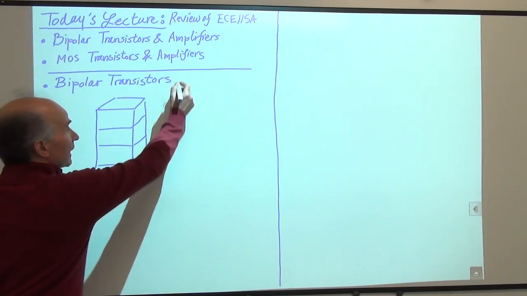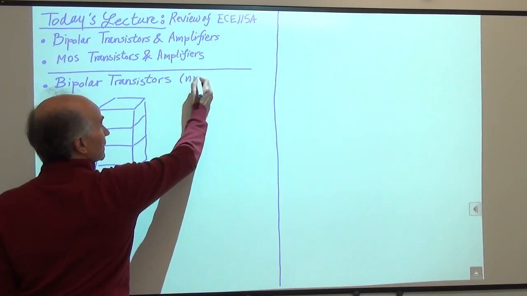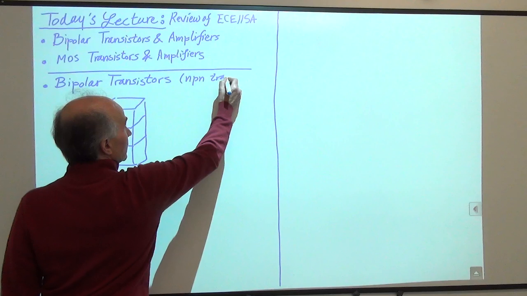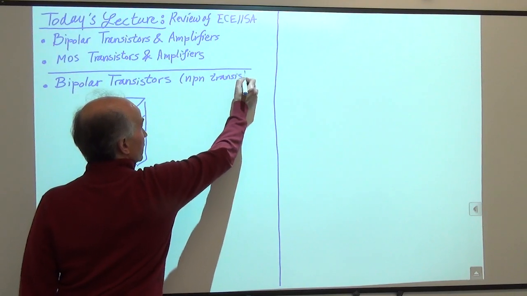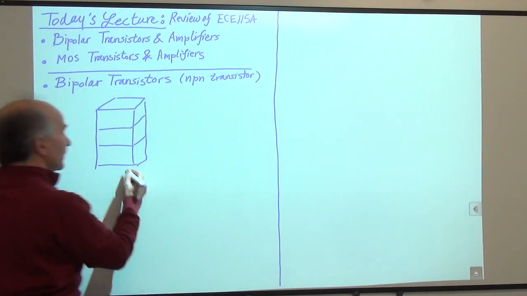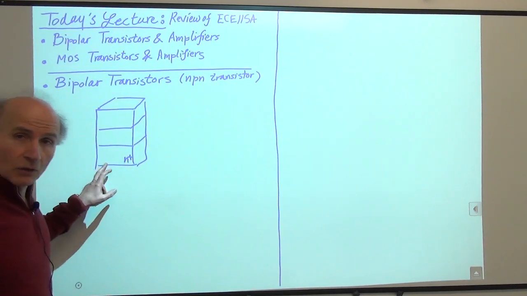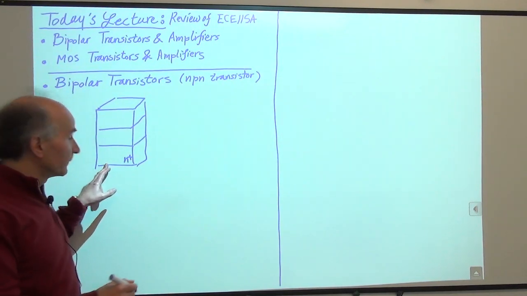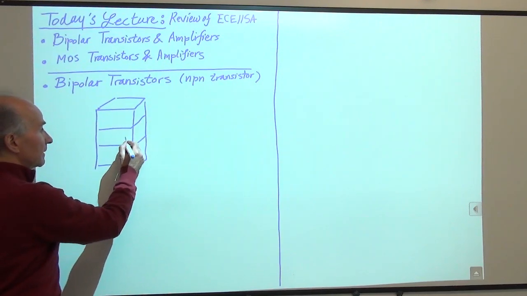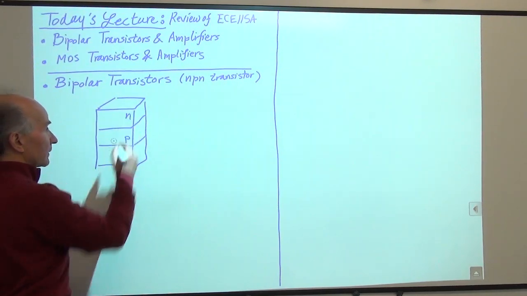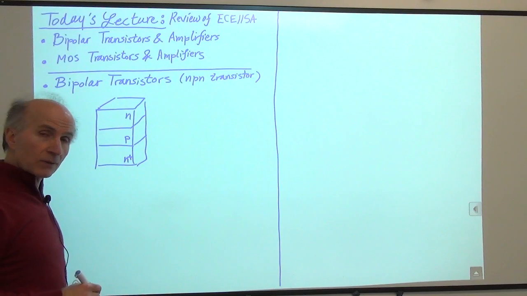For an NPN transistor, we have a structure consisting of an N plus region. So that's a highly doped N-type material. And then we go to a P material, and then we go to an N material. So that's an NPN transistor.